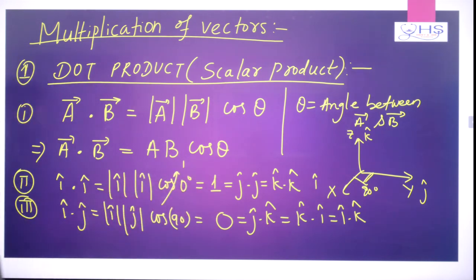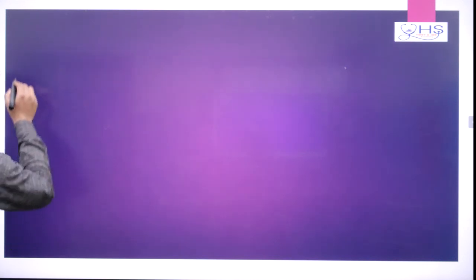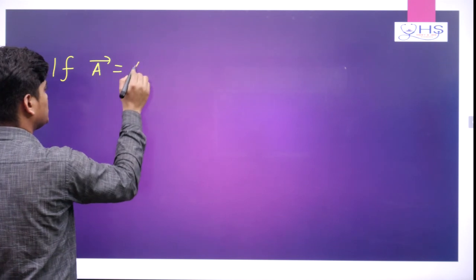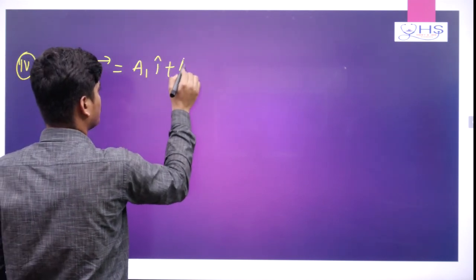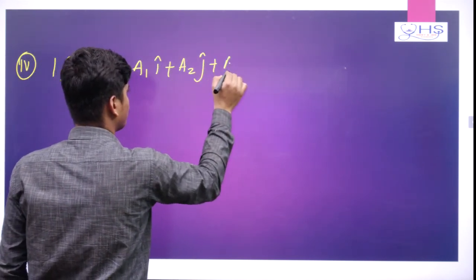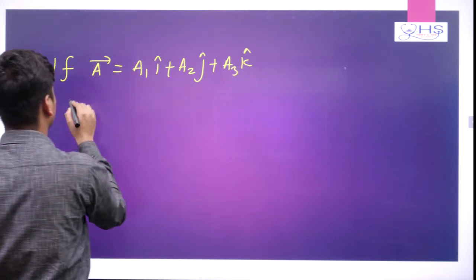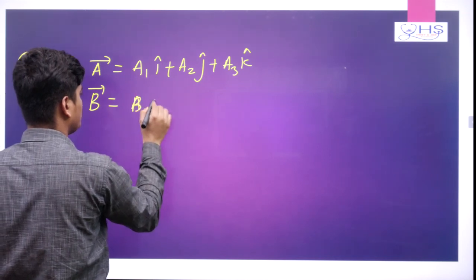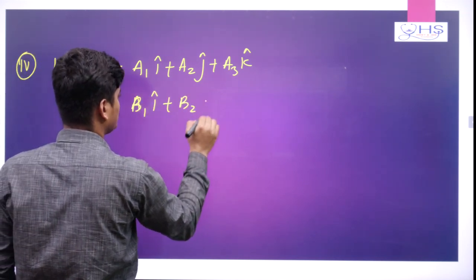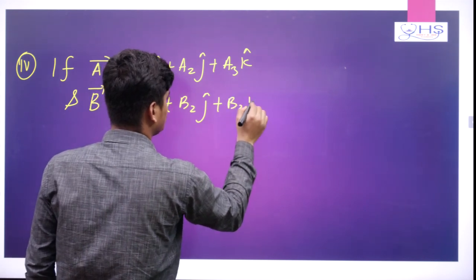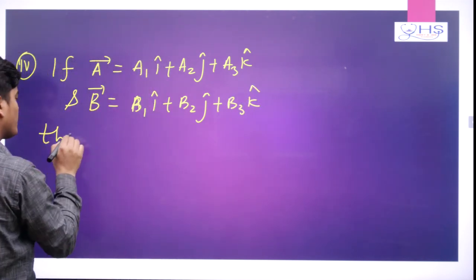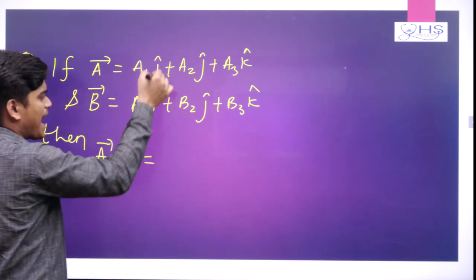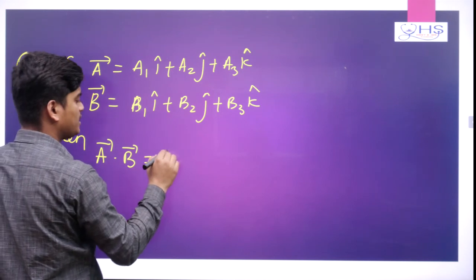Now come to the next point here. Point IV: suppose a vector is a1i plus a2j plus a3k, and b vector is b1i plus b2j plus b3k. Then what can you write? a dot b can be written as, if I dot i I get 1, so I write a1 b1.